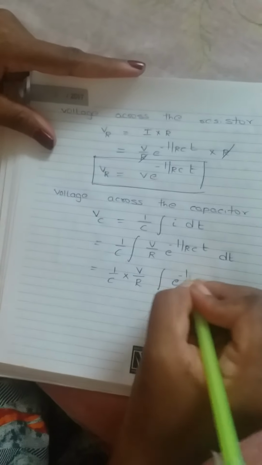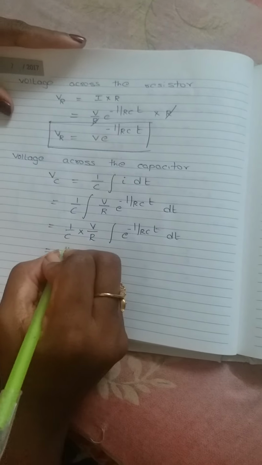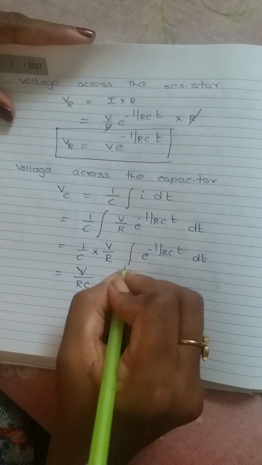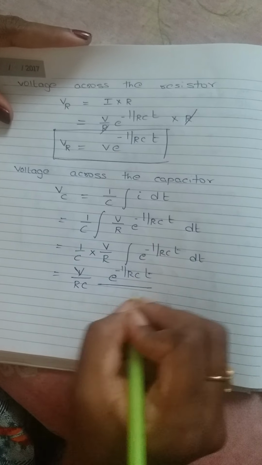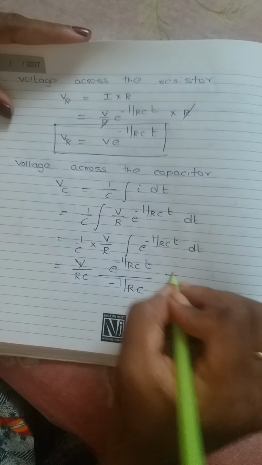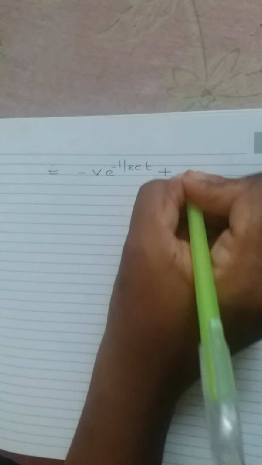Integration of e power of minus 1 by RC into t dt. Now, V by RC. Integration is e power of minus 1 by RC into t by minus 1 by RC, plus some constant C. Now, R by C cancels. Then we will get minus V e power of minus 1 by RC into t plus C.